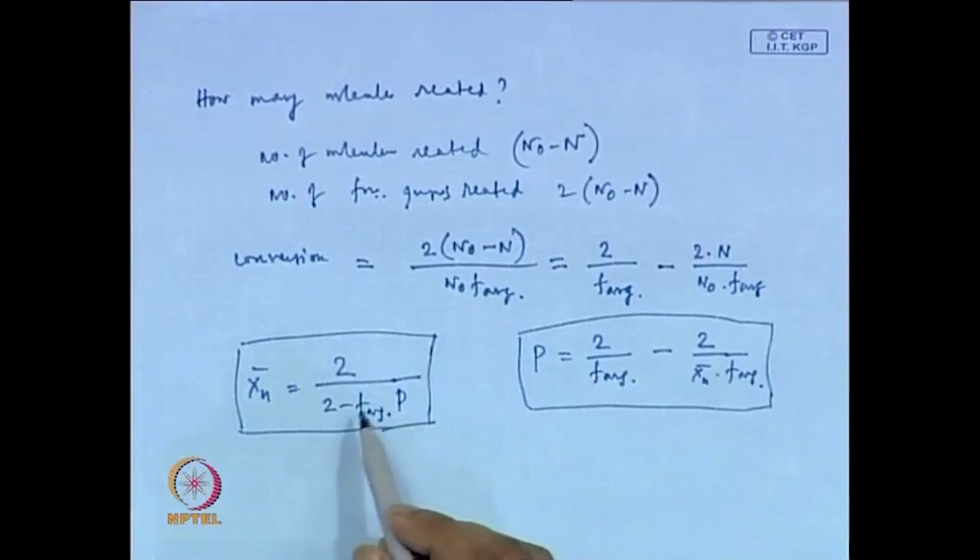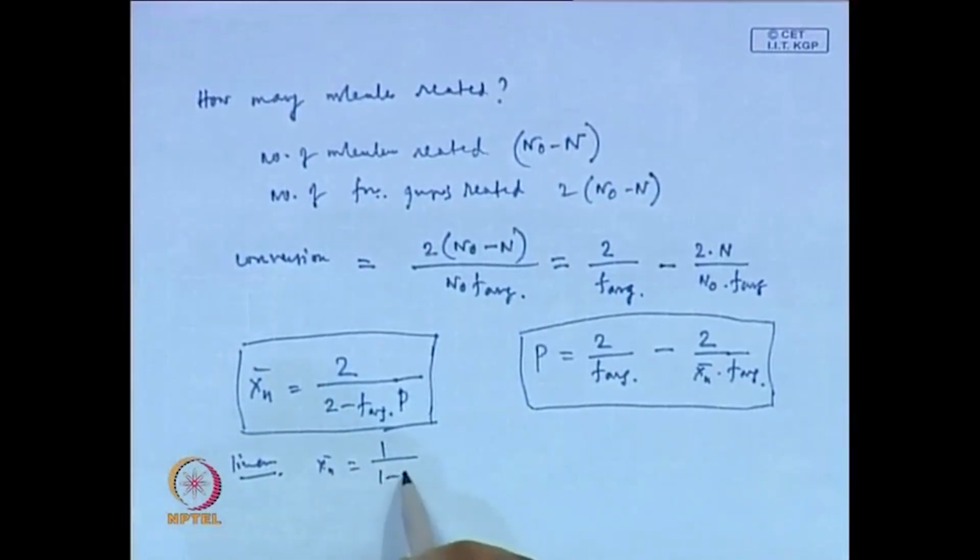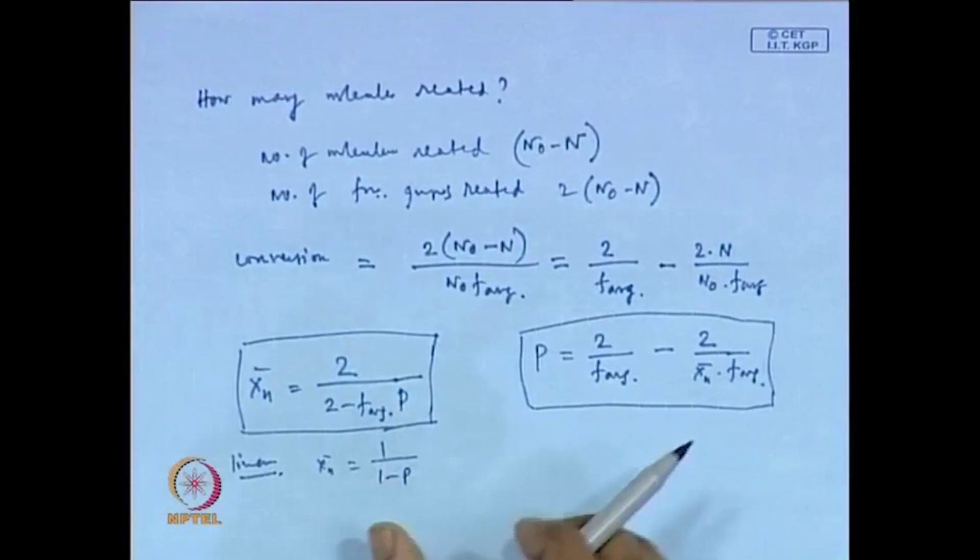For linear polymer, Xn was 1 by (1 minus p), if you recollect. So for a given p, if F average is more than 2, this number will be higher compared to the Xn obtained in linear polymerization. So even without pushing the reaction to very high conversion, we can make high molecular weight in this case.